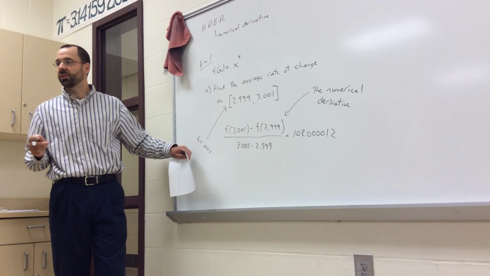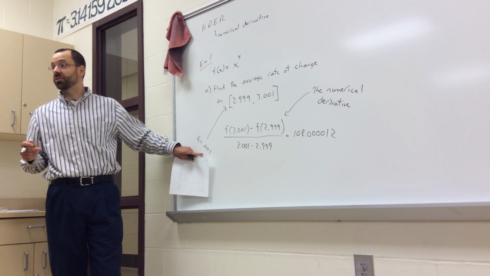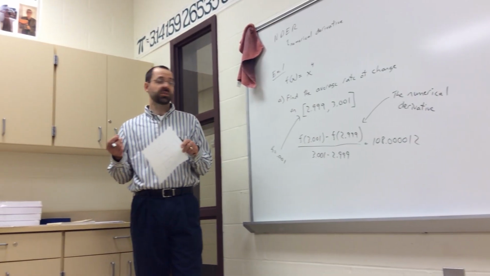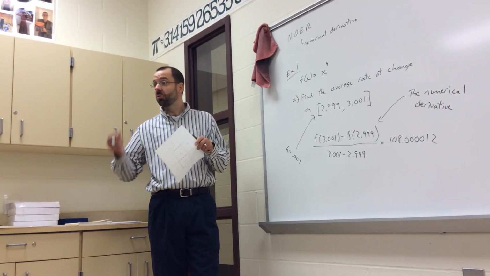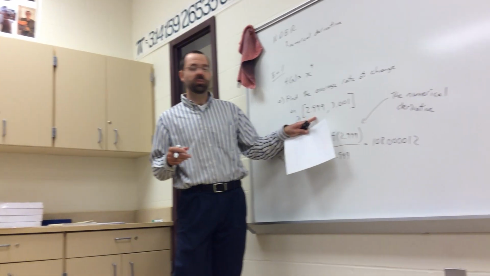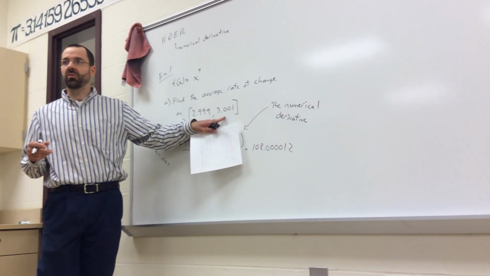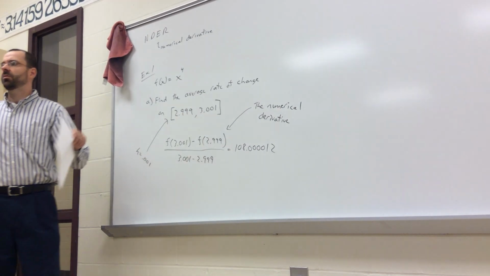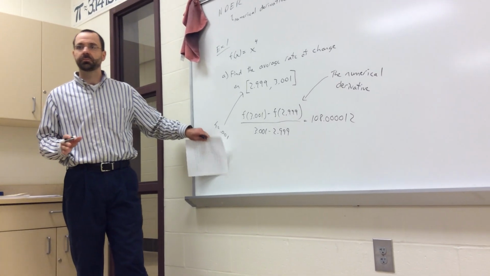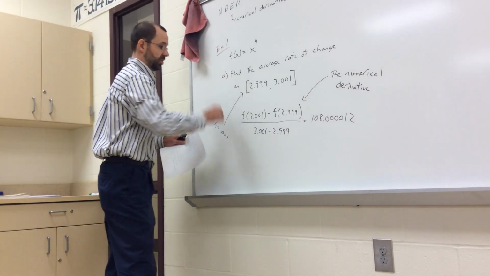This is the numerical derivative with h equaling 0.001. But you could do a numerical derivative with h equaling 0.0001, and then you would figure out the average rate of change from 2.9999 to 3.0001. So there are different numerical derivatives with different h's. Okay, so that's called the numerical derivative.